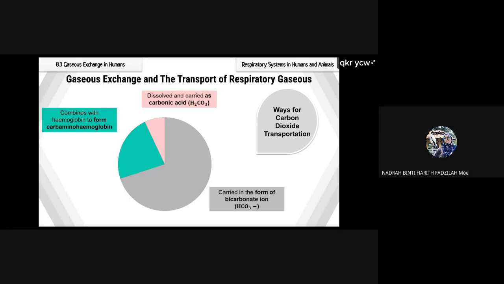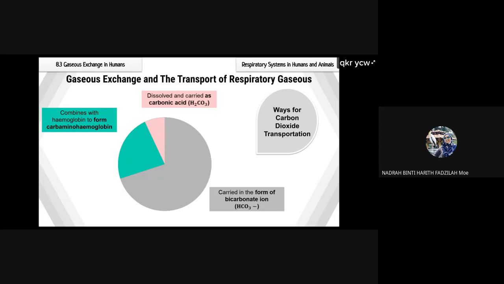In the HCO3-. Where does this bicarbonate ion come from? It is because carbonic acid, H2CO3, dissociates or separates to form H+ and HCO3-. So the carbon dioxide is in this HCO3-. That is what is meant by carried in the form of bicarbonate ion.